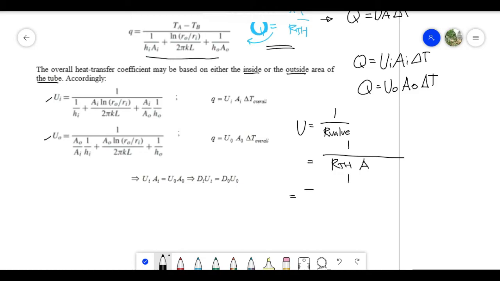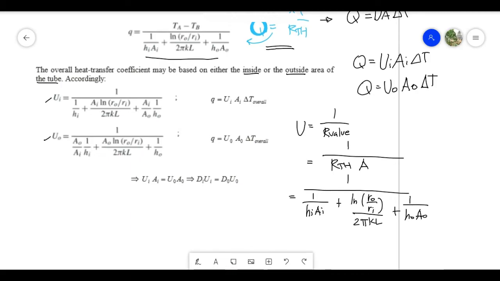Magiging 1 over HI AI plus ln RO over RI over 2 pi KL plus 1 over HO AO.